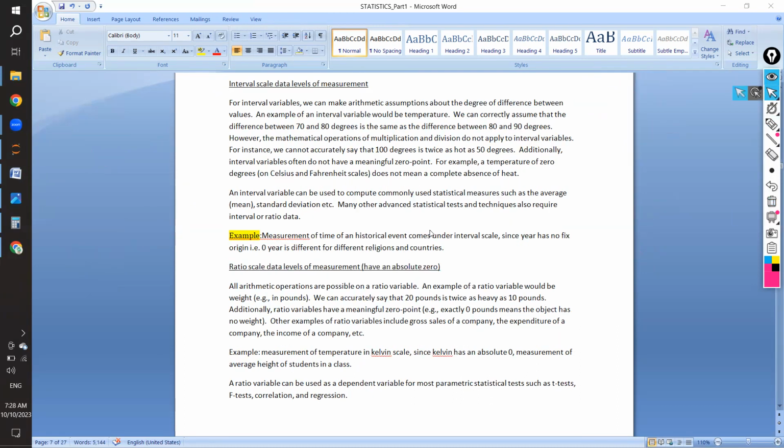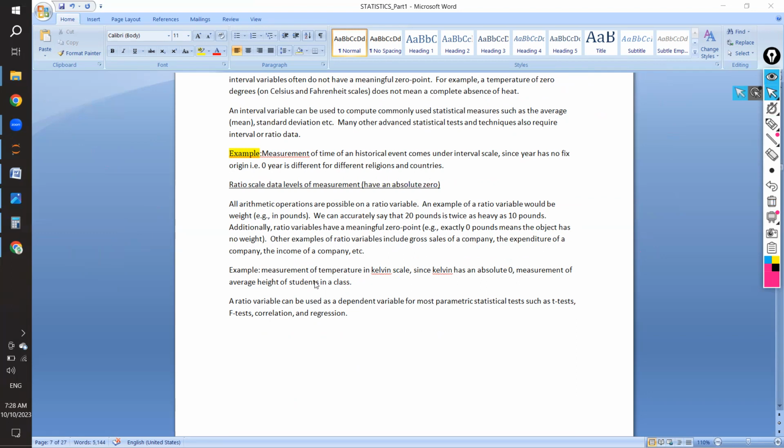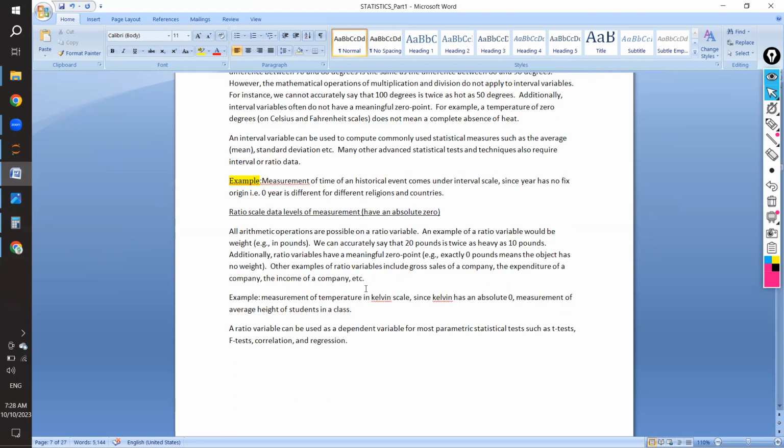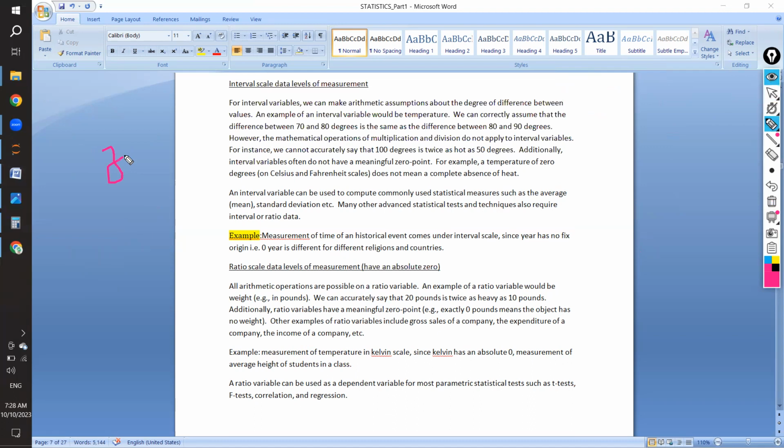But in the ratio scale, it should have absolute values. For example, measurement of the average height of a student in a class. If the height is 0, the student is not existing; it is an actual, absolute 0. If he's existing, there should be some height. Same with weight.